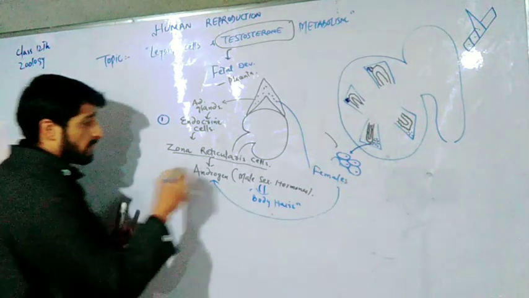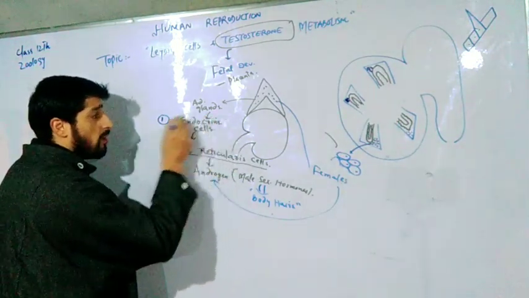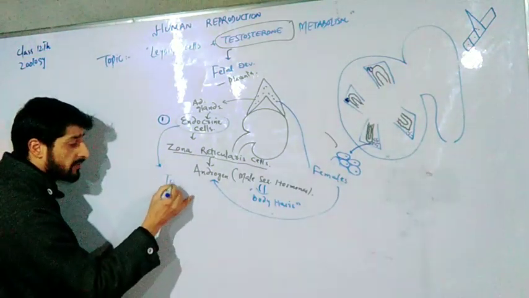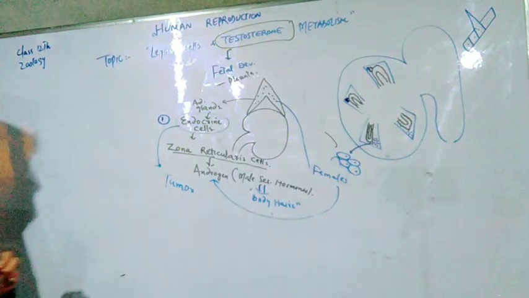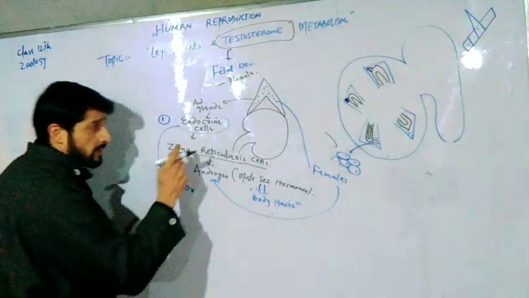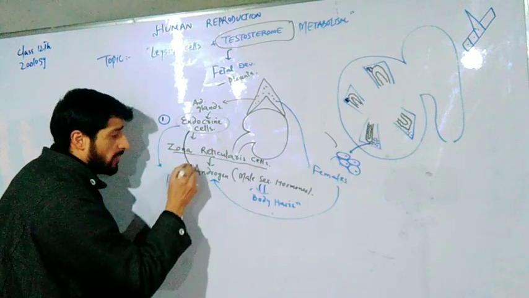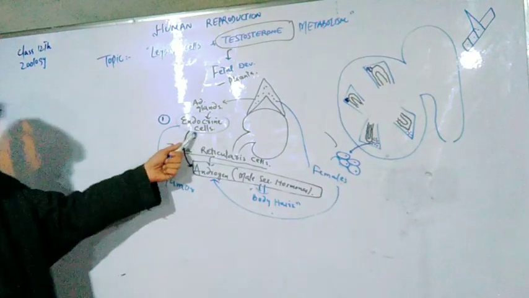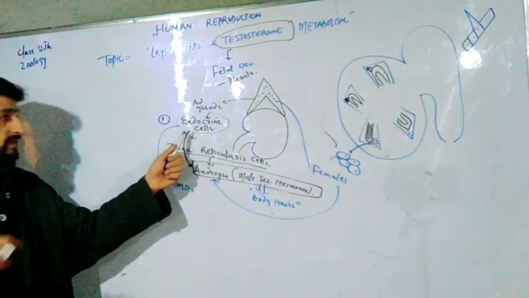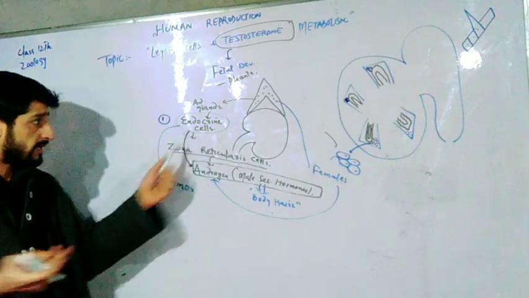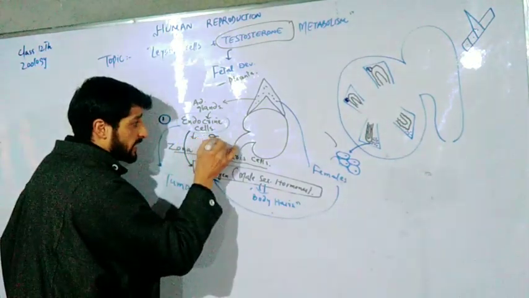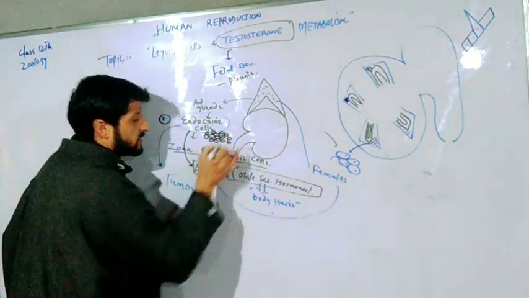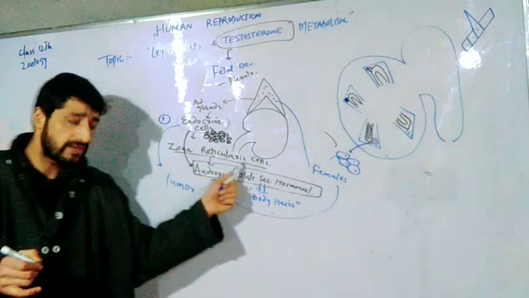However, if these zona reticularis cells, these endocrine cells, suffer from cancer or a tumor, then they will produce too much male sex hormone. This means these endocrine cells will multiply rapidly and their number will increase.